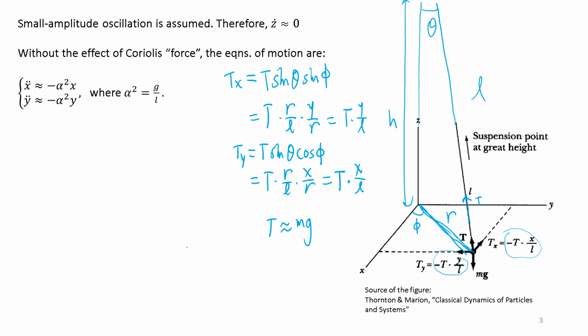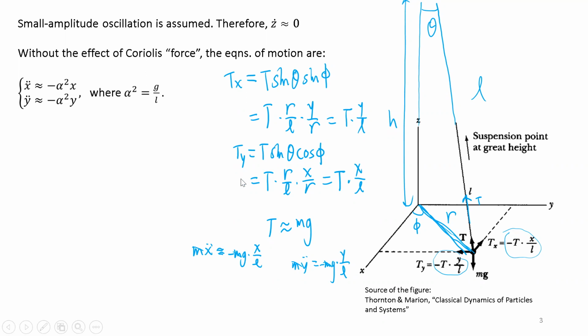Therefore, m x double dot is approximately given by minus mg times x divided by L. Similarly, m y double dot is given by minus mg times y divided by L. Then you cancel the m, and you get these two equations.